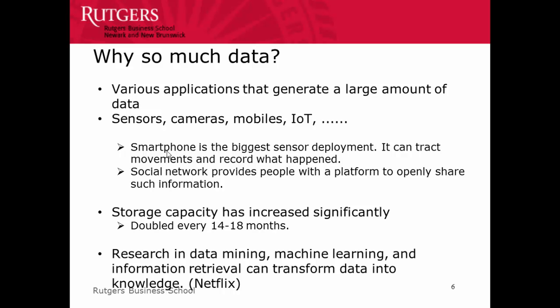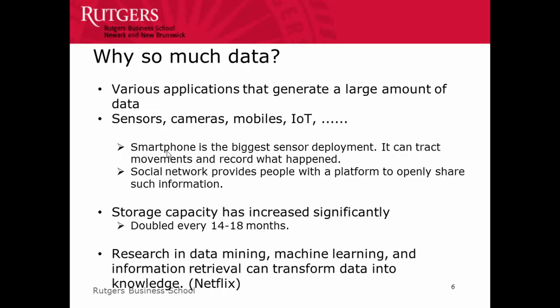Suppose that your refrigerator is connected to your watch and you have frozen meat in your refrigerator. Before you go back home, your watch senses such information and transmits it to the refrigerator.